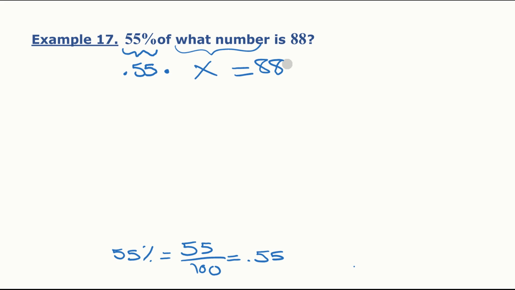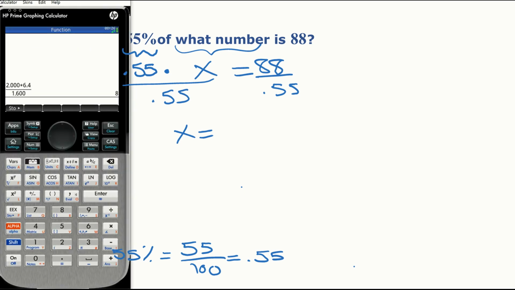Okay, so then all you have to do is solve for x. So we go ahead and divide both sides by 0.55, and we get x equals, now we're just going to use our calculator. Oh, the other way around, sorry.